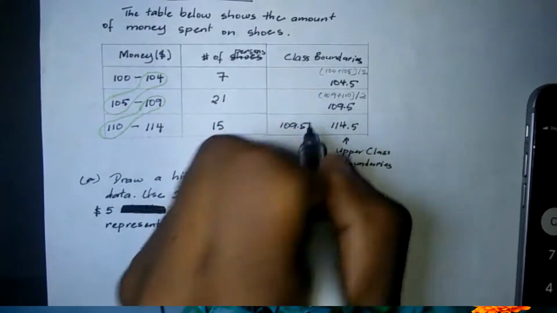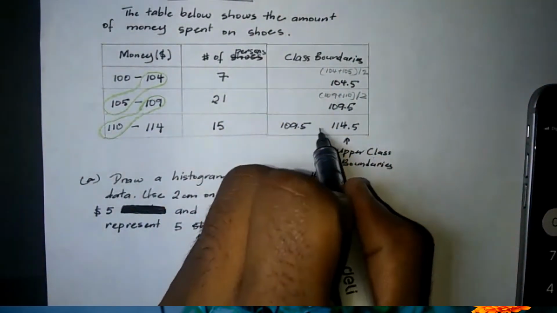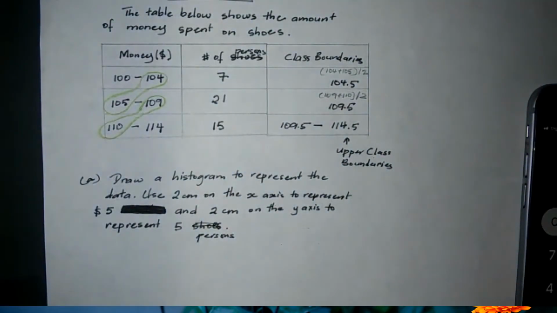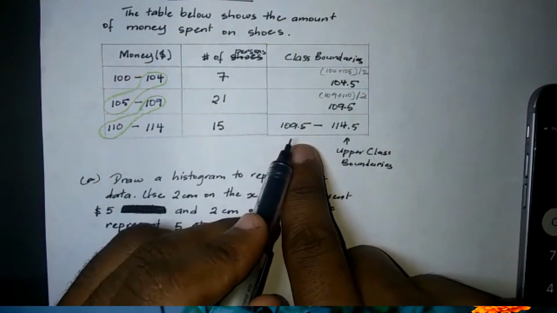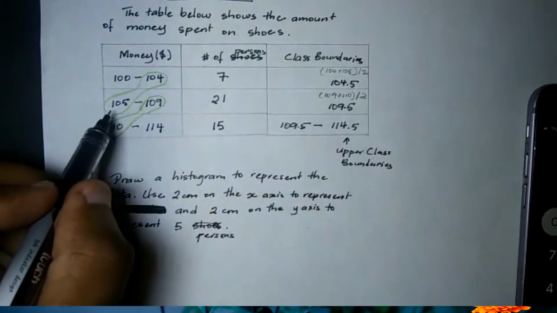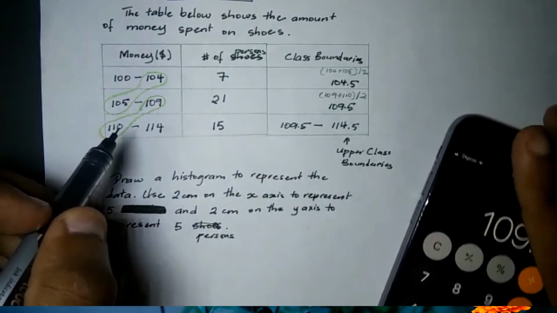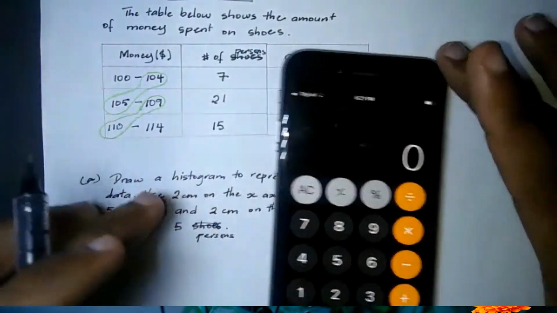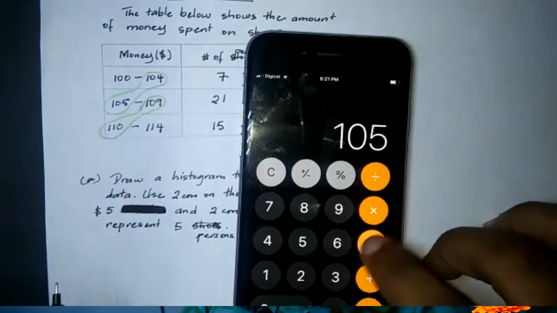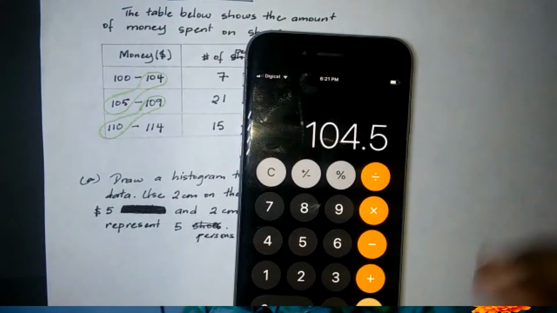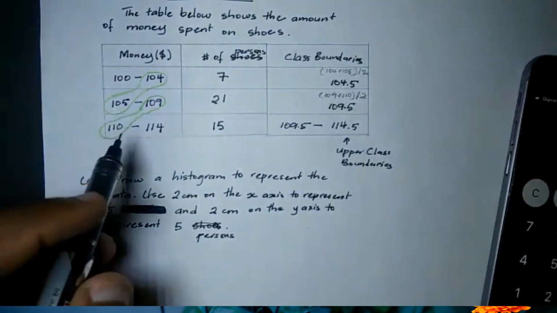Can you see a pattern? Let's subtract 0.5 from 105 and let's see if you see it. So 105 take away 0.5. That will give me 104.5.